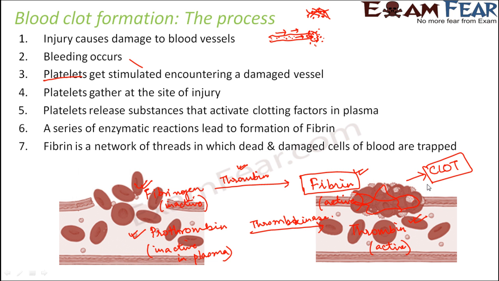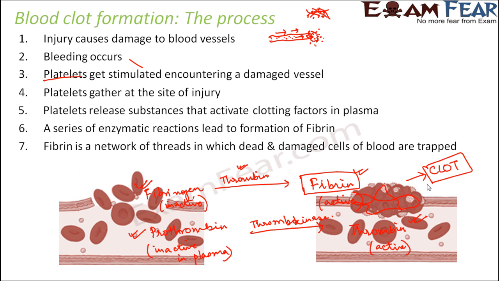This leads to the formation of fibrin, and fibrin and platelets together lead to the formation of the clot. So basically, it is not a single factor, it is not only the platelets which help in clot formation. There are multiple factors involved, like the platelets, the fibrin, even calcium ions present in these enzymes help in the process of coagulation.